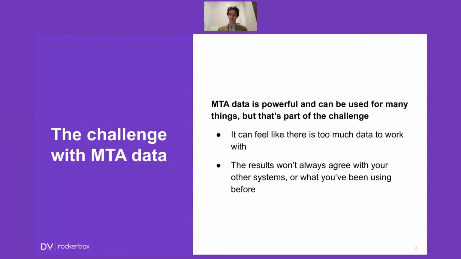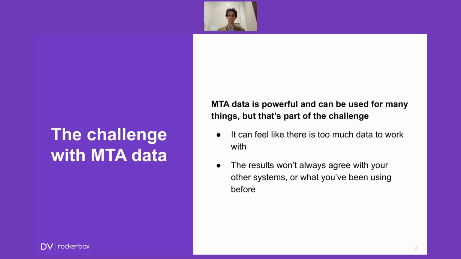Why is it important to think about the use cases for all of that MTA data? Well, I think there are 2 really big reasons why it can be hard to work with data from MTA. The first and probably the most important, honestly, is that it can sometimes feel like there's too much data to work with. MTA unlocks a huge number of use cases, but that can be a bit overwhelming.